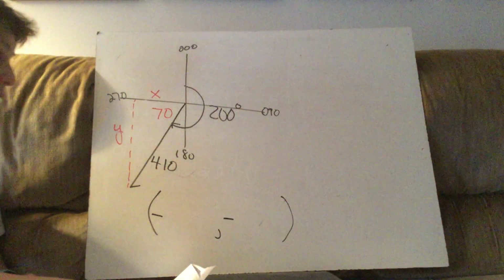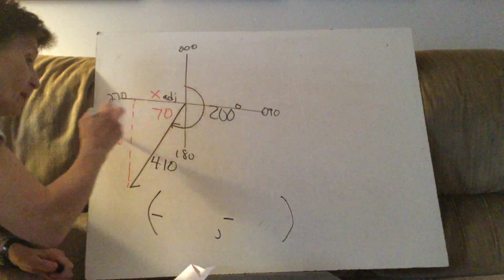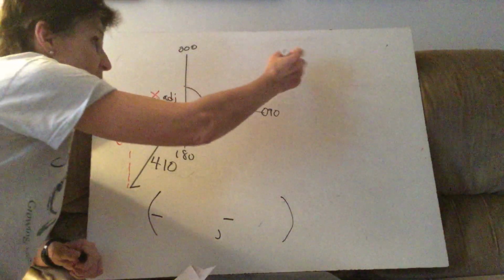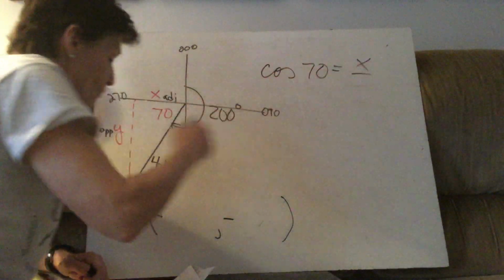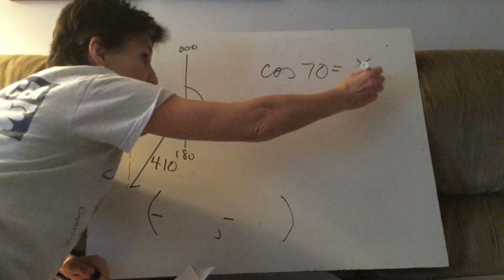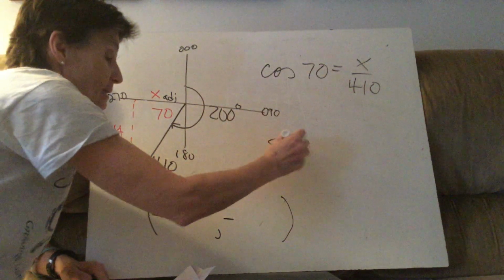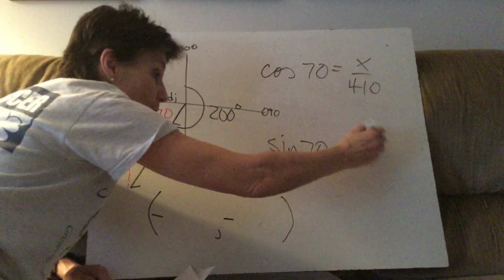And now we'll just do our trigonometry. So x is always adjacent, y is always opposite. The hypotenuse is 410. So we'll say cosine 70 equals x over 410, and sine 70 equals y over 410.